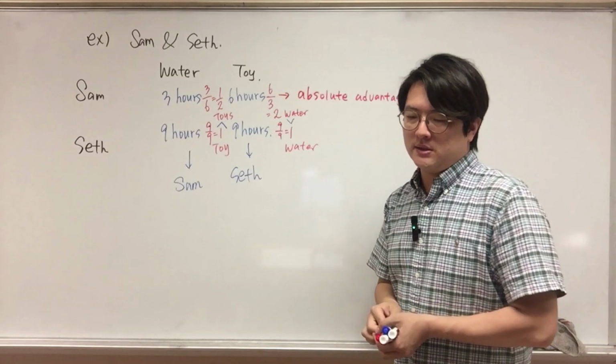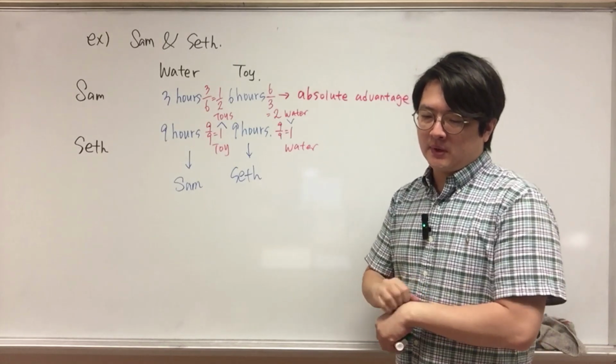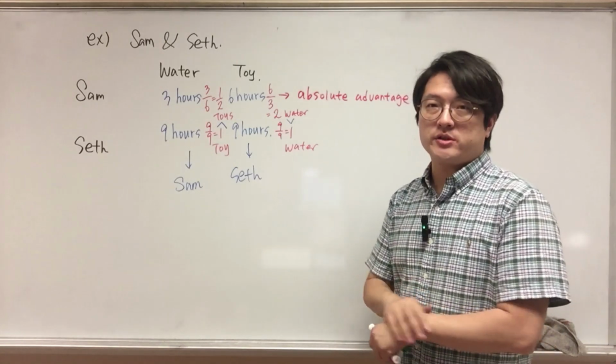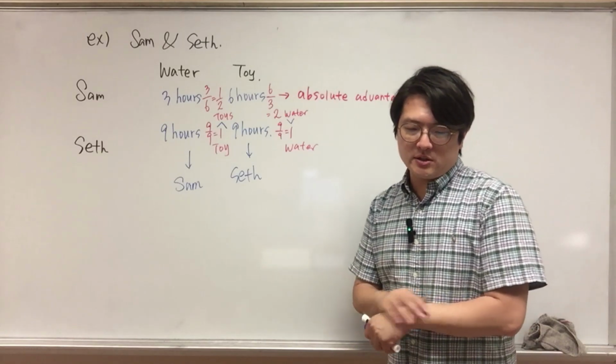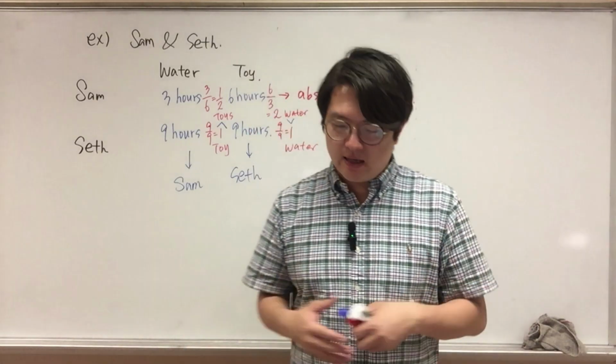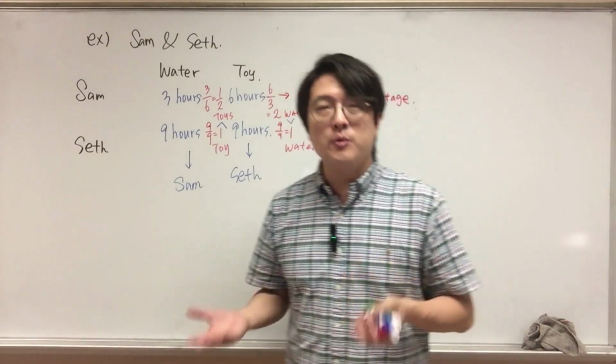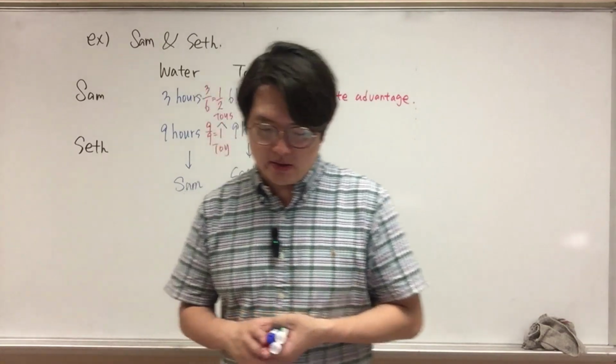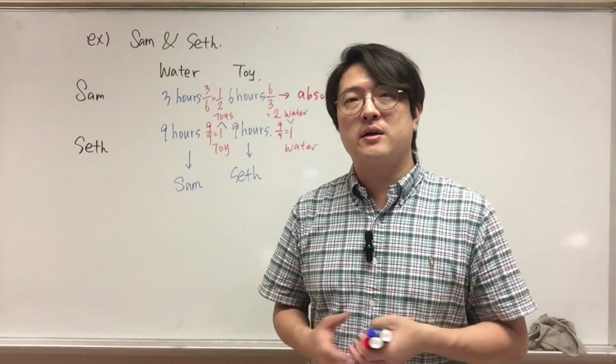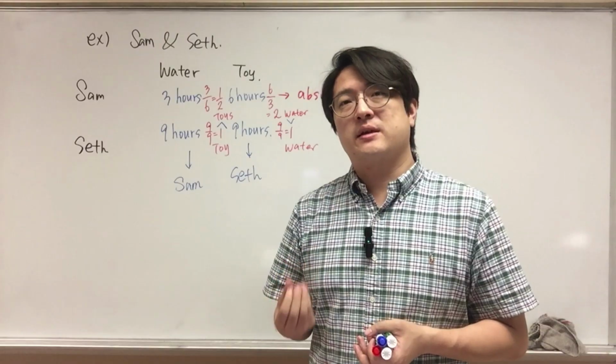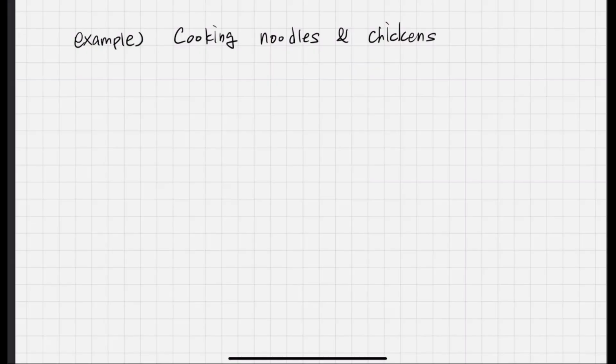Okay, so that is comparative advantage. Any questions about this? So this is why many dentists, lawyers, and hairdressers usually specialize in their own skills. Okay, so now let's solve one of the homework questions.